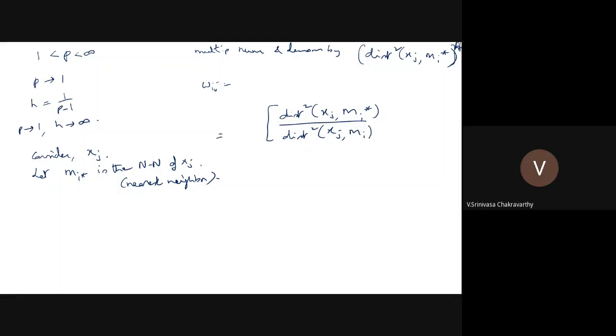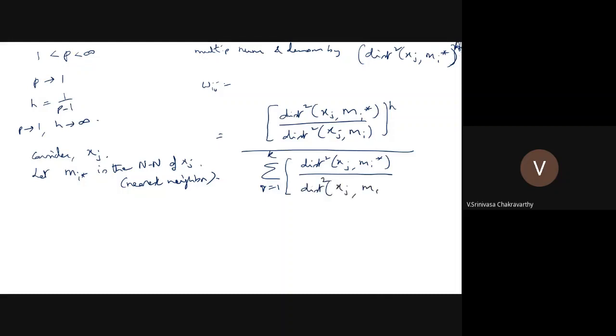Now let us see what happens. This whole thing power h, because I've used power h here also, divided by the sum over q equal to 1 to k of dist square xj mi star by dist square xj mq, this whole thing power h.